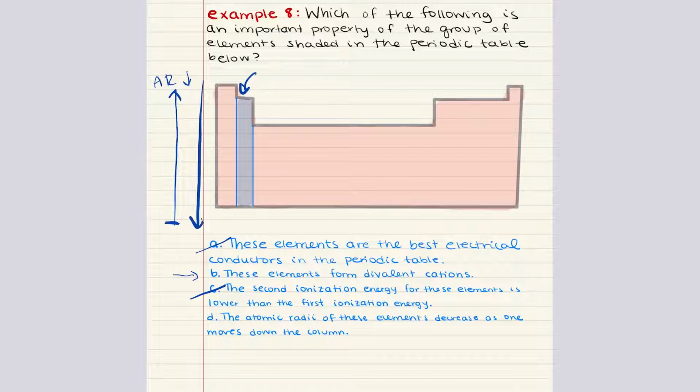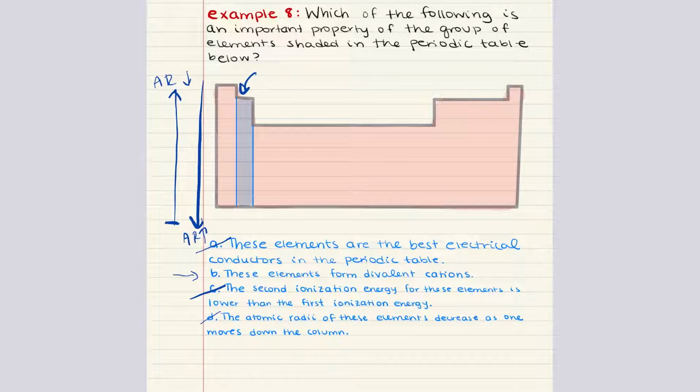Going from top to bottom, the atomic radius increases. This statement is incorrect then, all right? The atomic radius actually increases as you move down a group in the periodic table, and this increase is due to the addition of electron shells, which places the outermost electrons farther from the nucleus. So that means we can also eliminate answer choice D.